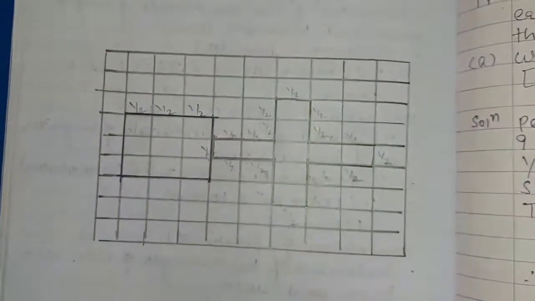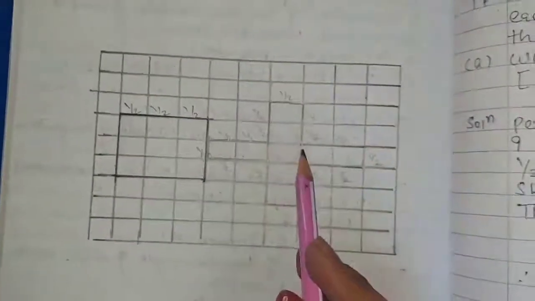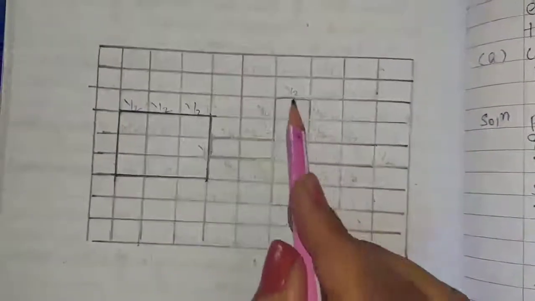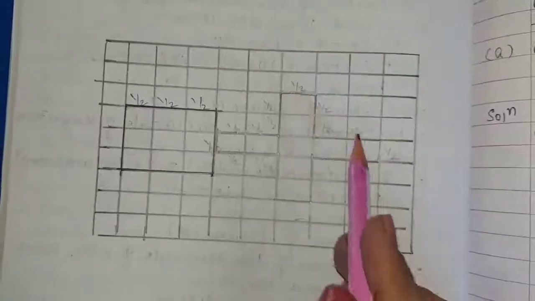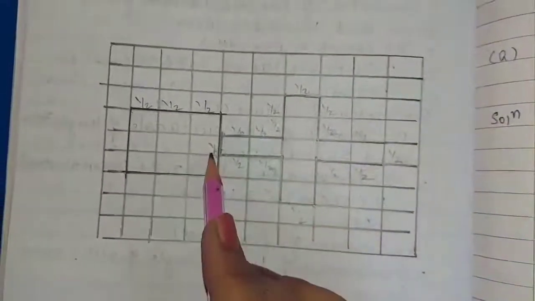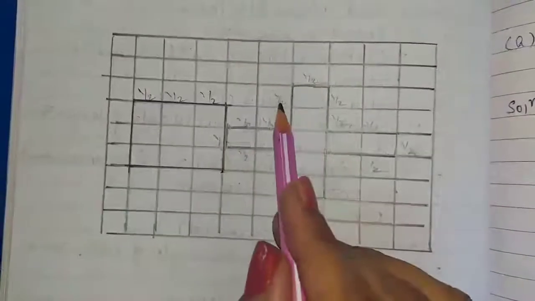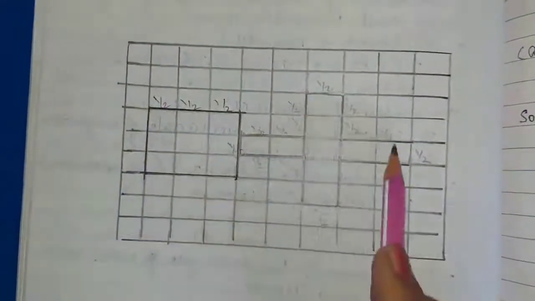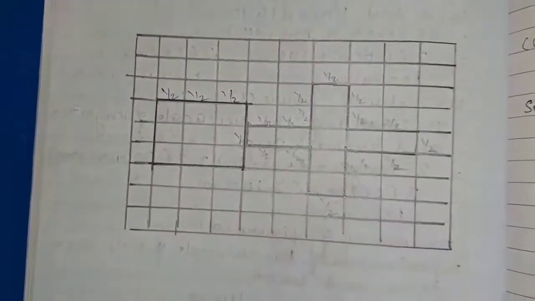Now students, you can observe one shape in this figure. This is a rectangle, so the opposite sides half plus half plus half is 1. And this corner is half. How many corners are there? 1, 2, 3 and 4 corners. So this is the way we have found the measurements of the cross.